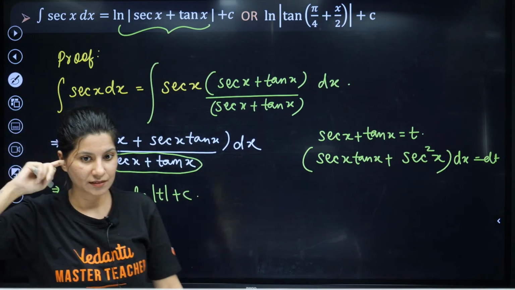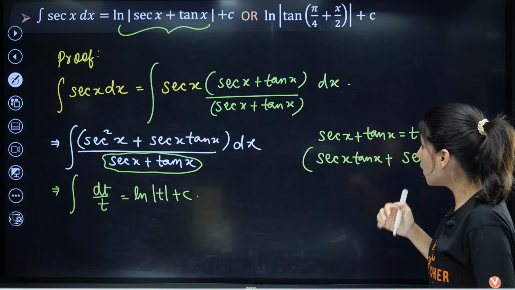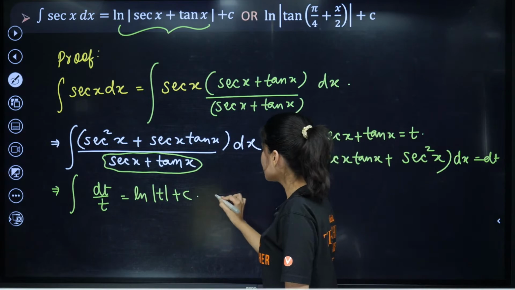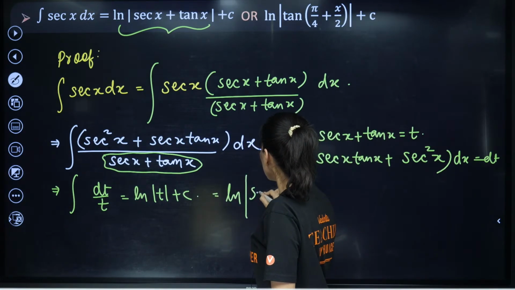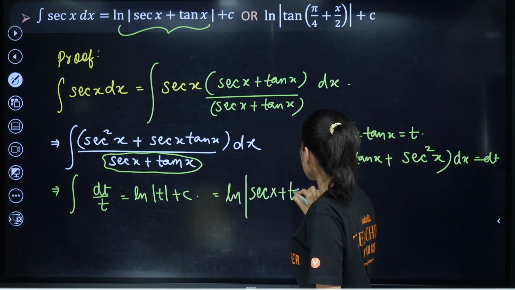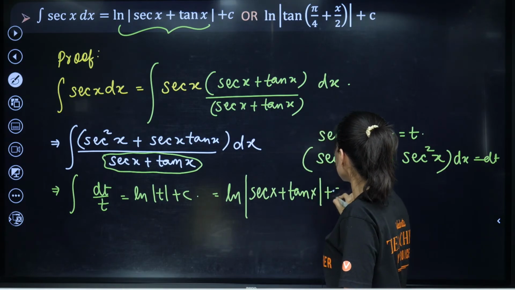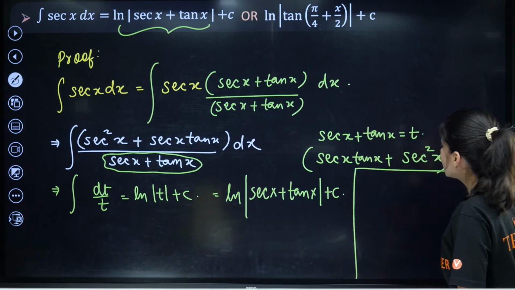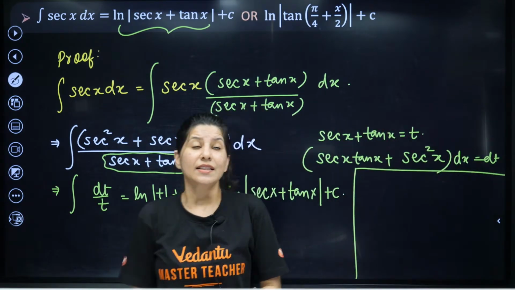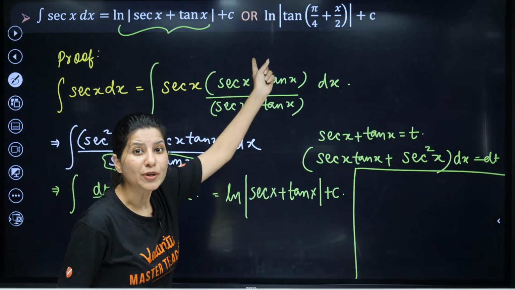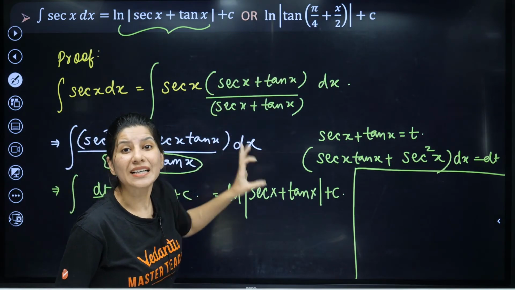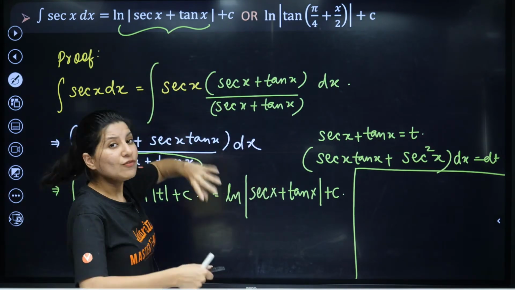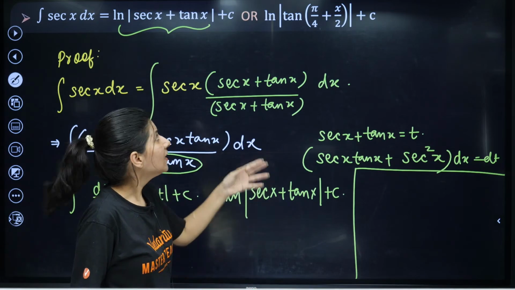So this is going to be log of mod of sec x plus tan x plus constant, correct? Now one more thing I would like to let you know, because these types of problems are very popular in JEE Advanced in multi-select questions.